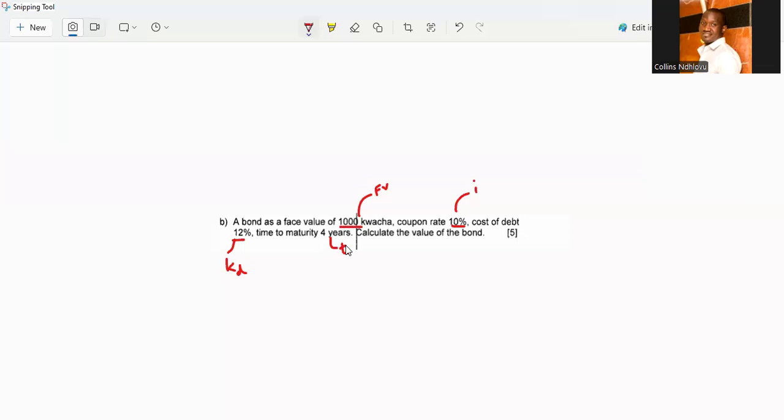How do we calculate the value of the bond? Value of the bond is what? Capital I, present value annuity, plus what? Face value, and what? Present value factor.